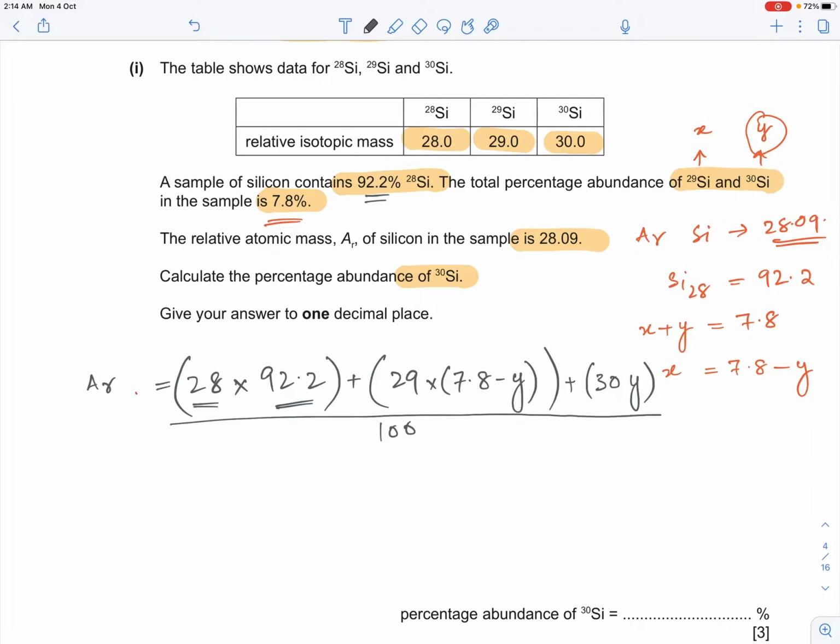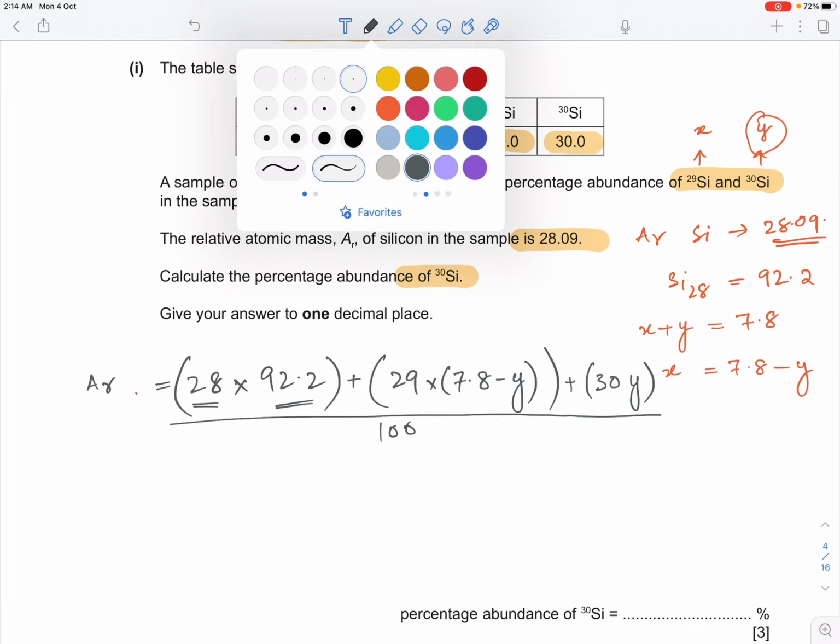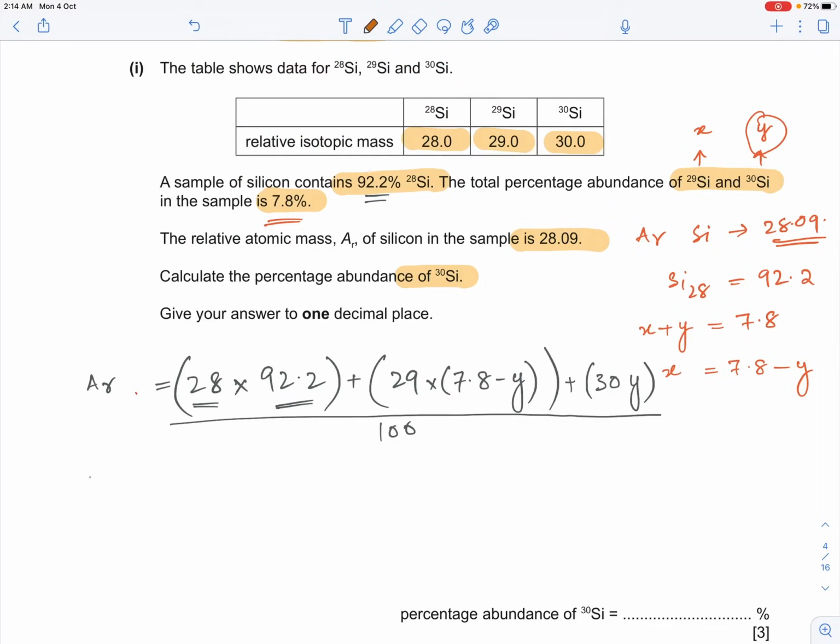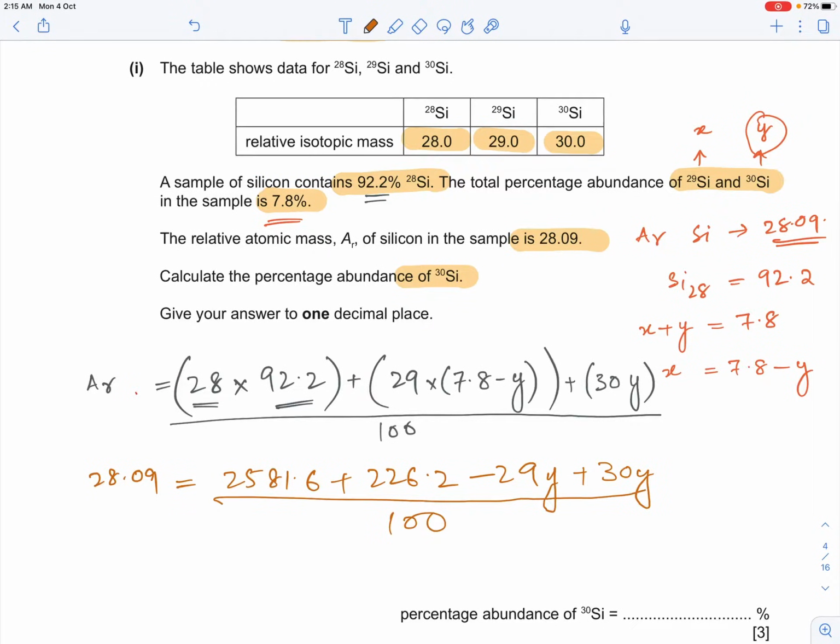All right, so the relative atomic mass of silicon is already given in the question, which is 28.09. So this is 2581.6 plus 29 into 7.8, which is 226.2, minus 29Y plus 30Y, right, divided by 100, and this 100 would be multiplied by 28.09.